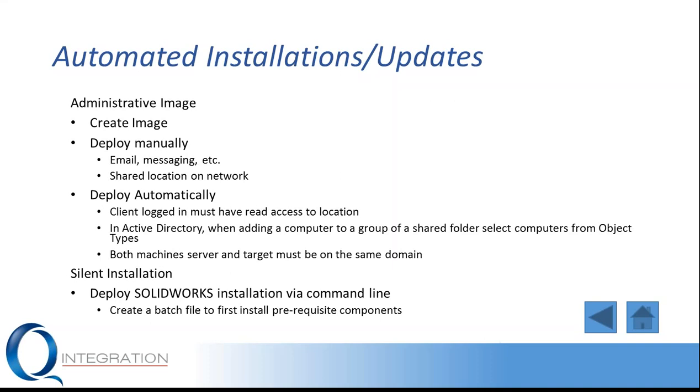I know I've come across that a few times where the automatic deployment wasn't working. Checking that, it was unchecked, I checked it, and immediately I was starting the installs. We also have to make sure that both the machines, the server and the target, are on the same domain. That's important too to ensure a successful deployment using that automatic option.